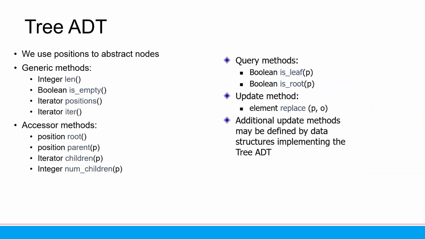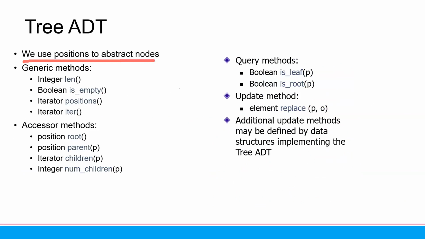So in the tree ADT, commonly we have generic methods and accessor methods. We use position to abstract the nodes. You know the position, last time we learned about the positional list.